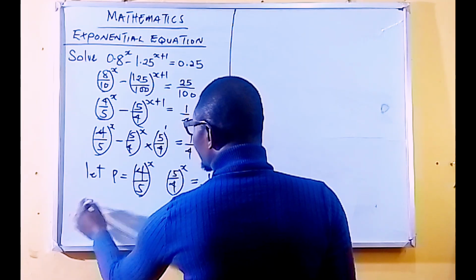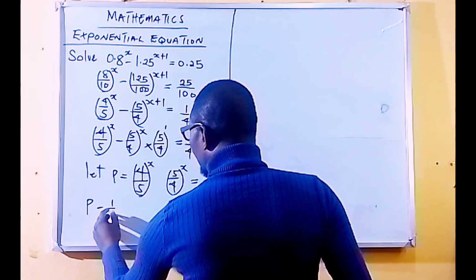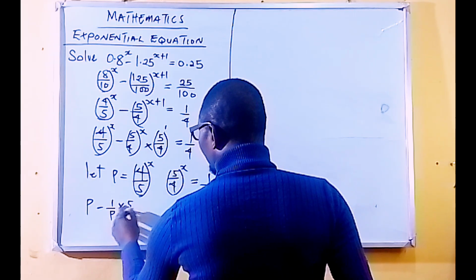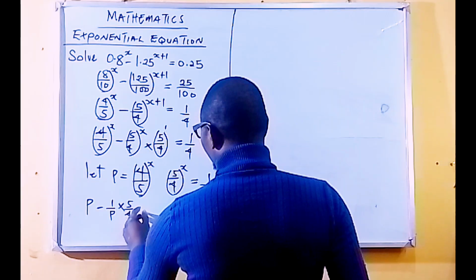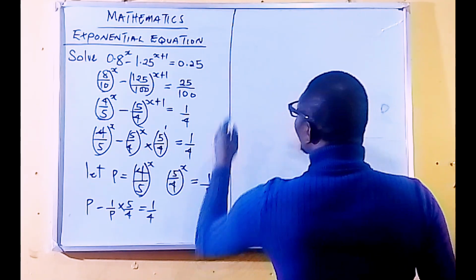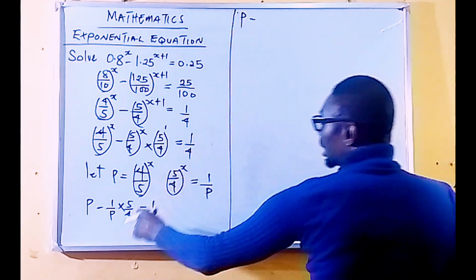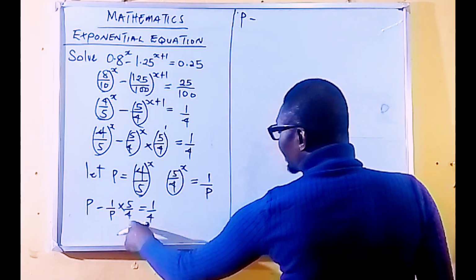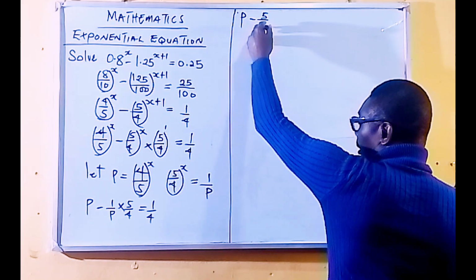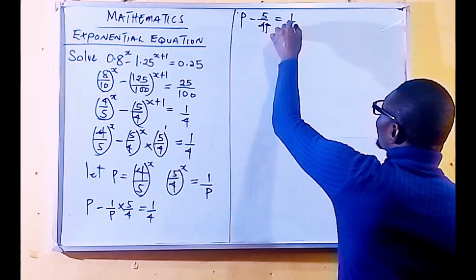Here we have p minus 1 over p times 5 over 4 is equal to 1 over 4. So at this point, we see p minus, if you multiply 1 over p times 5 over 4, we have 5 over 4p is equal to 1 over 4.